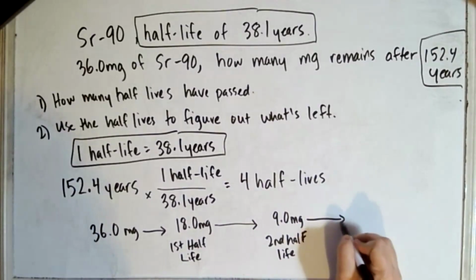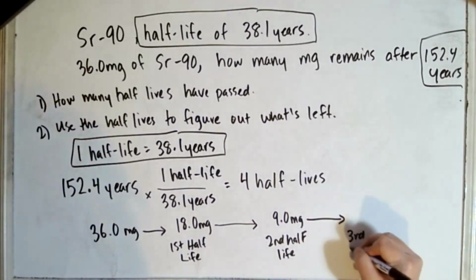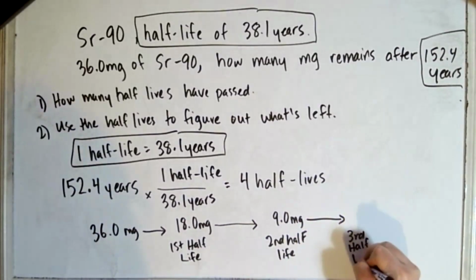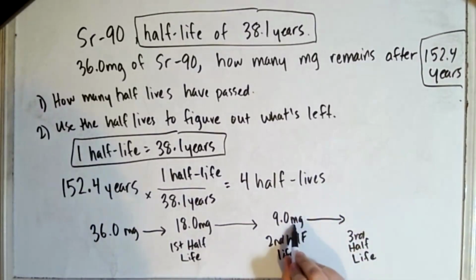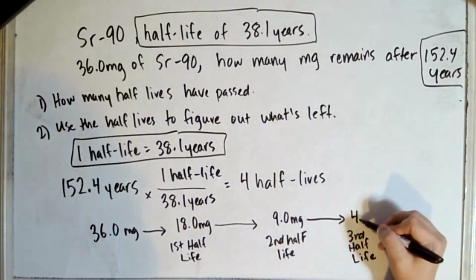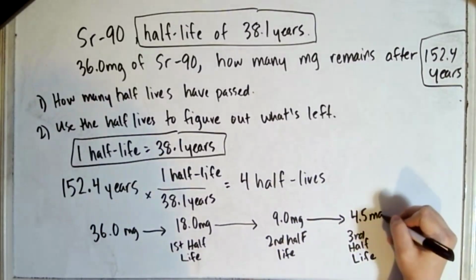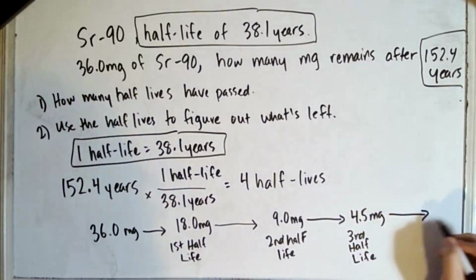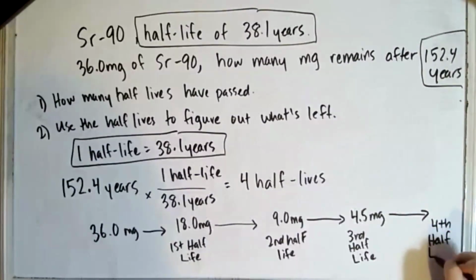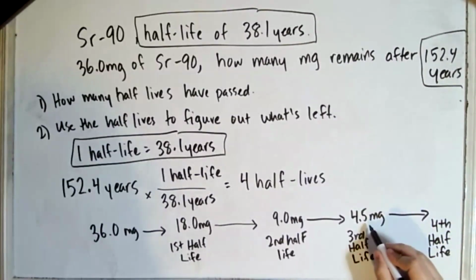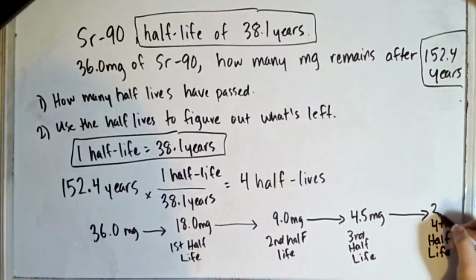All right. Then we're going to have our third half-life. Our 9 milligrams is going to decay down to 4.5 milligrams. And then finally, we'll be at our fourth half-life. And our 4.5 milligrams is going to decay down to 2.25.